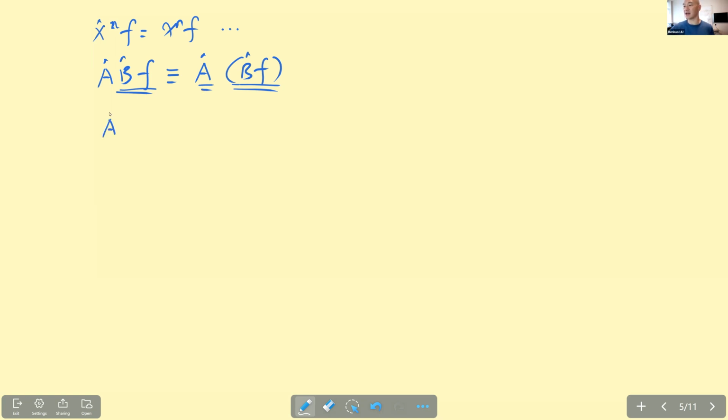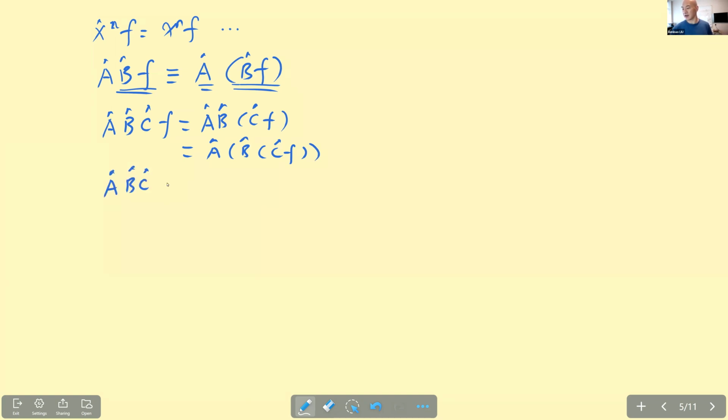You can say that for A, B, C operators, this is going to equal A(B(C f)), right? And so easily you have this kind of combination form. So all of this is very intuitive, right?